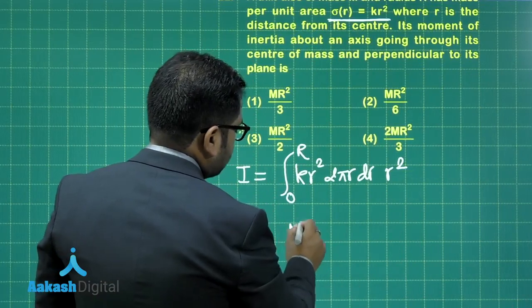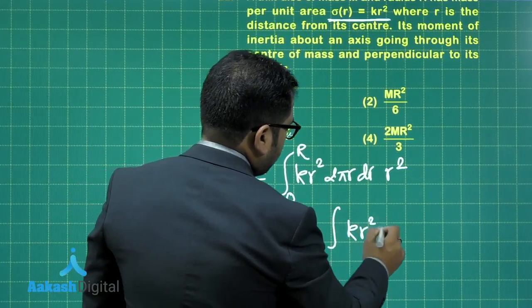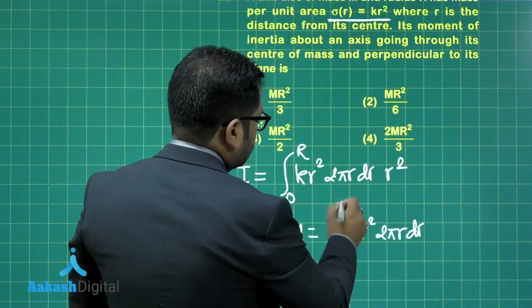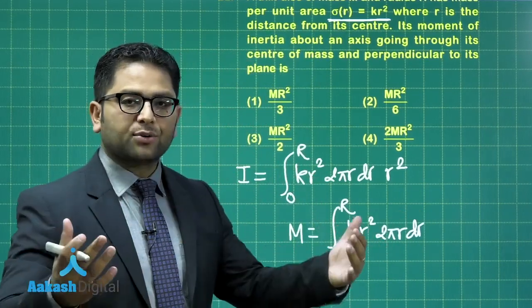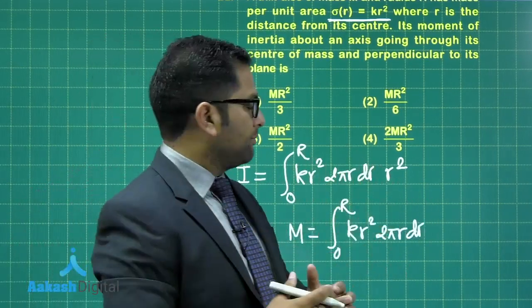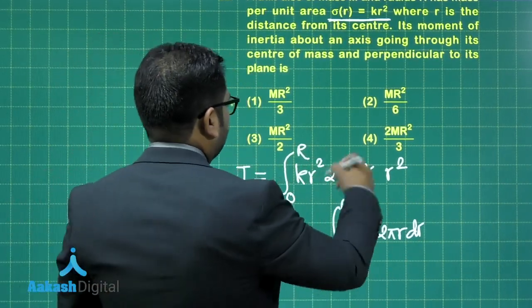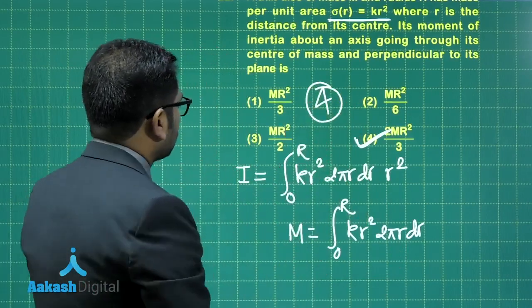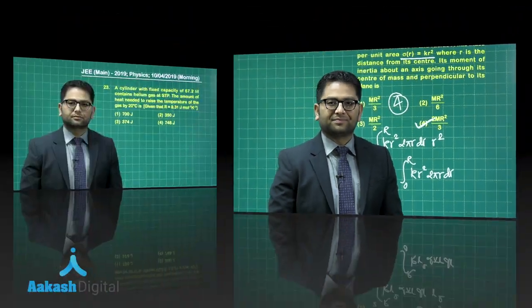The total mass is going to be sigma, which is k r square into 2 pi r dr. The limit will be 0 to capital R. There you go. The second relation allows you to relate k and m. The first relation will give you the value of moment of inertia. Do it. Enjoy a bit of calculation. Option number 4 would be the correct option. Time to move to the next question.